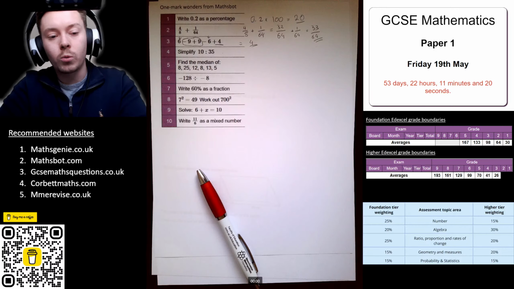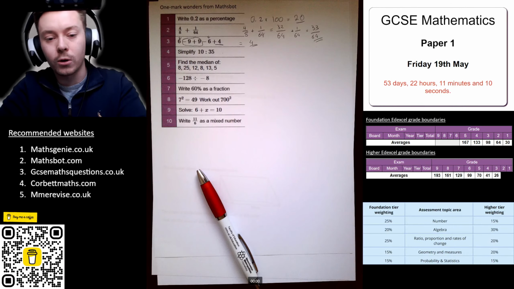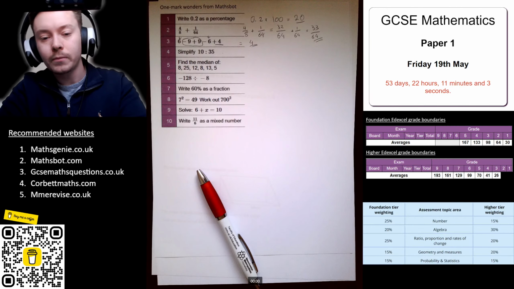Whatever you multiply the denominator by, you've got to do the same to the numerator, to keep the fraction the same value. Otherwise you'll change the value of the fraction. So 4/8 is 32/64 when you times numerator and denominator by 8. When you then add 1/64, you can now add these together. 32 add 1 is 33.